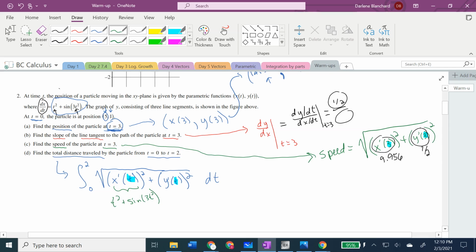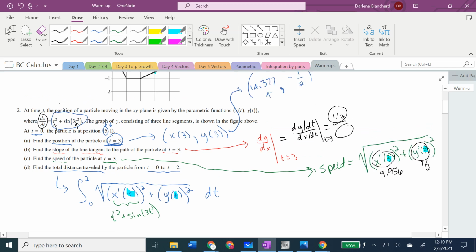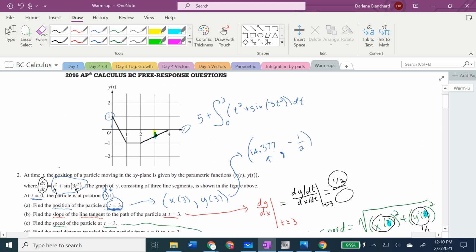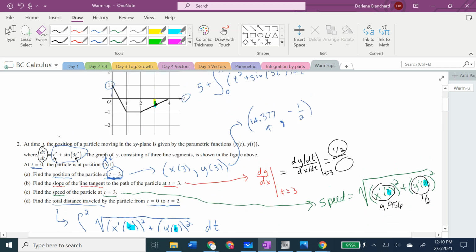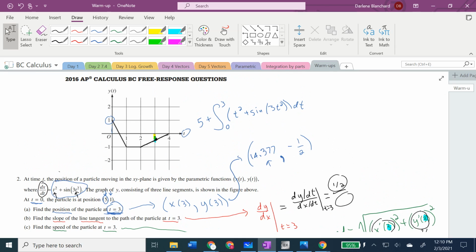For y prime, I've got to take a look at what is the slope while I am traveling from 0 to 2. And unfortunately, the slope changes. The slope is -2 from 0 to 1, but then the slope changes to being 0 between 1 and 2.